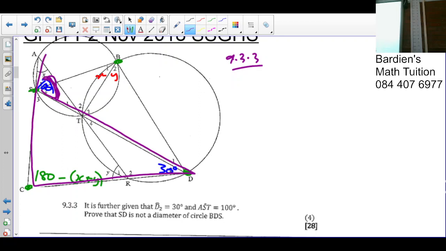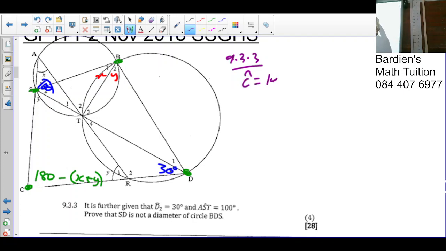So it's easy to calculate C. Angle C is equal to 100 minus 30 degrees, which is 70 degrees.